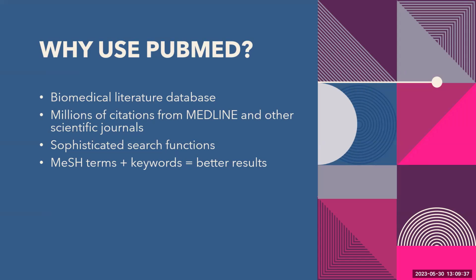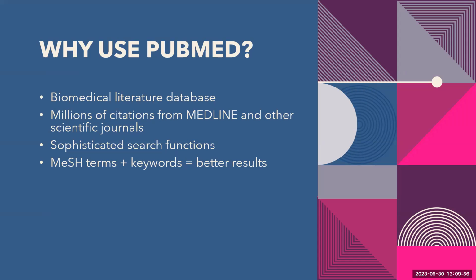You can get very specific about not only the topics that you're searching, but also if you want to use filters for specific types of studies or studies focusing on a specific age group in a certain language.